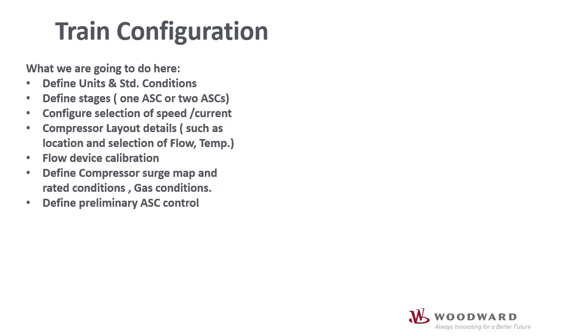We'll configure the selection of speed or current, layout such as flow and temperature, whether flow is in suction or discharge. Also, we'll carry out flow device calibration. We'll define the compressor surge map and rated condition, gas condition, and we will also finish a preliminary anti-surge controller configuration.